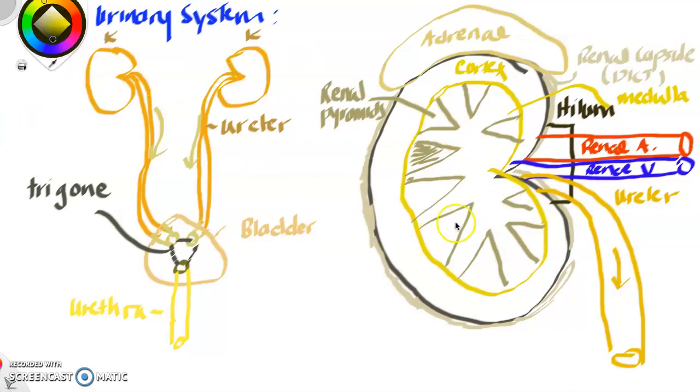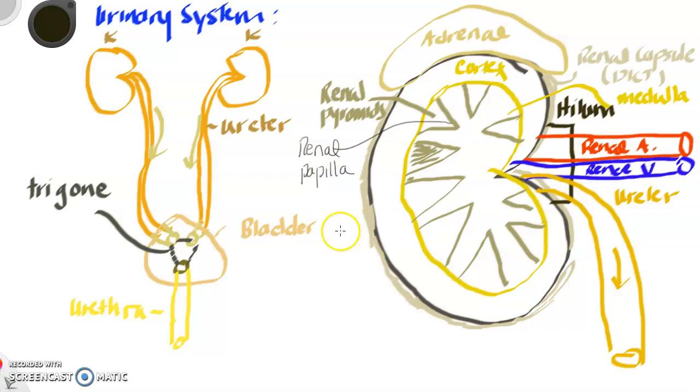The pizza slice here, the point at the end, is called the renal papillae. Papilla, however you want to call it. And it's like a little nipple, okay? And that's where, once the urine is formed, it's going to drip out of this renal papilla.